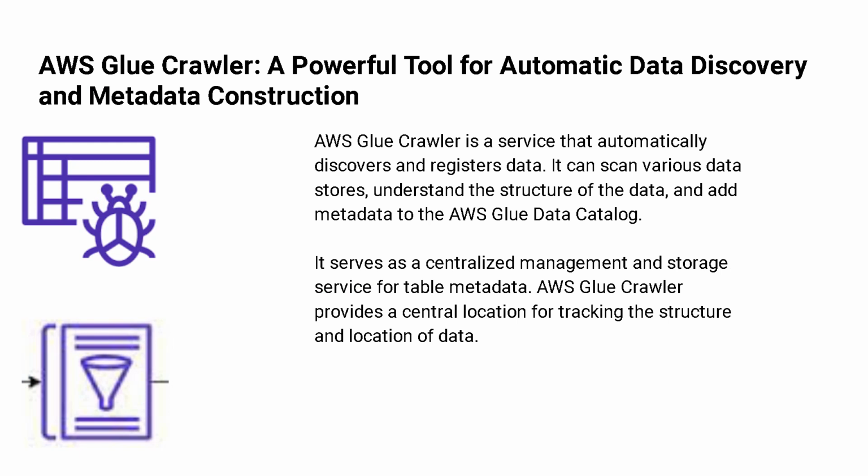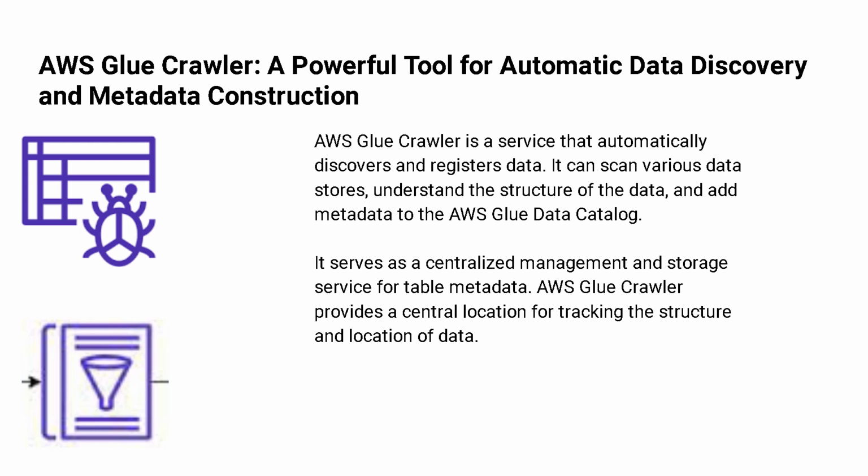And under AWS Glue, there's a sub-component called Glue Crawler. It is a powerful tool for automatic data discovery and metadata construction. So you can imagine bots that crawl through your data, whether it's structured, semi-structured, or unstructured.